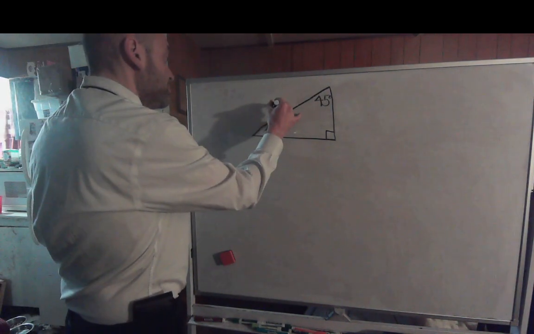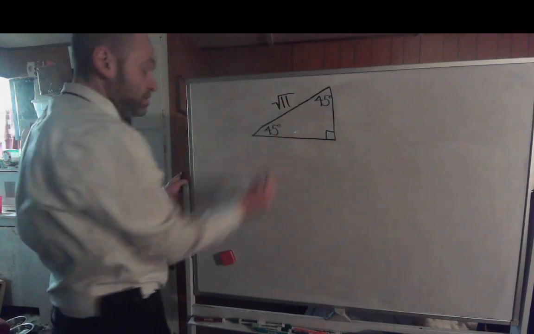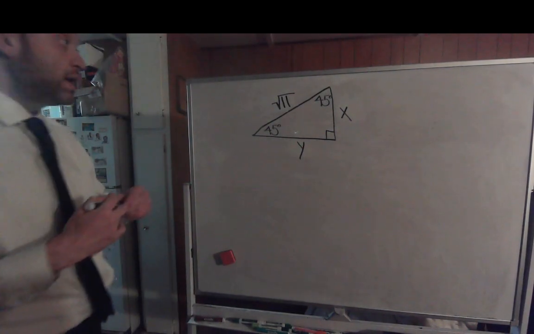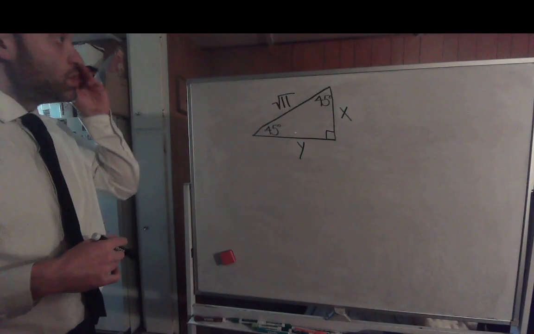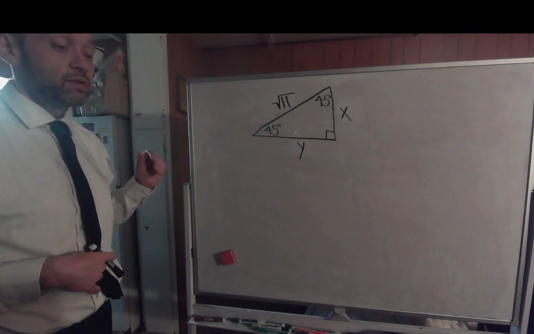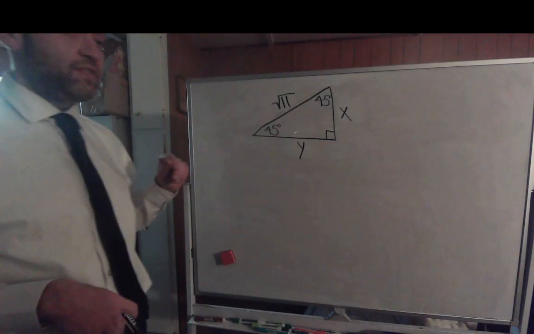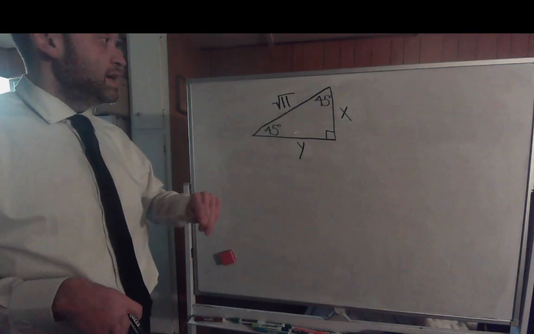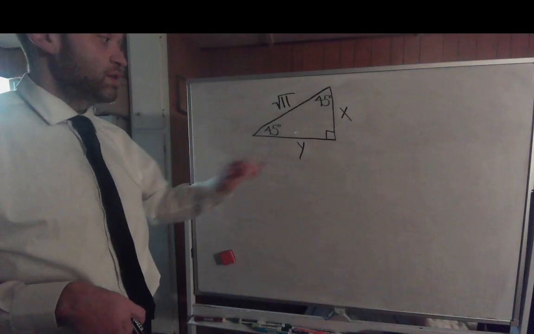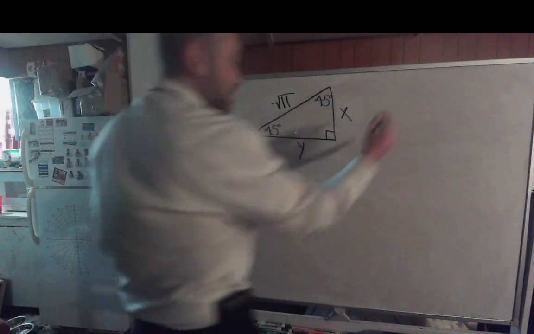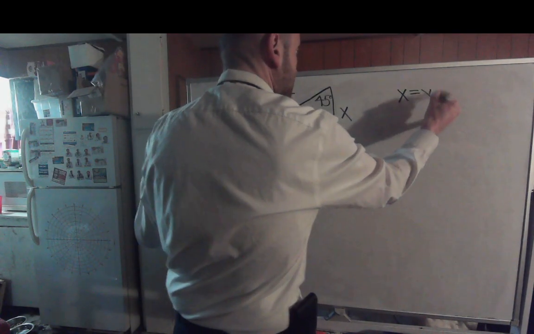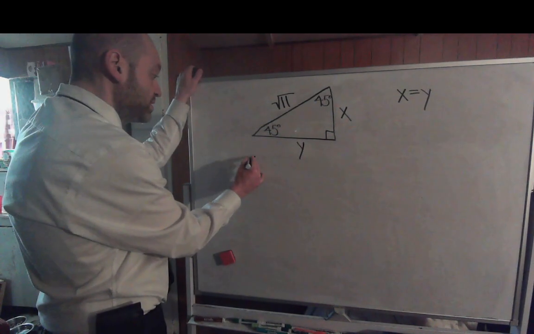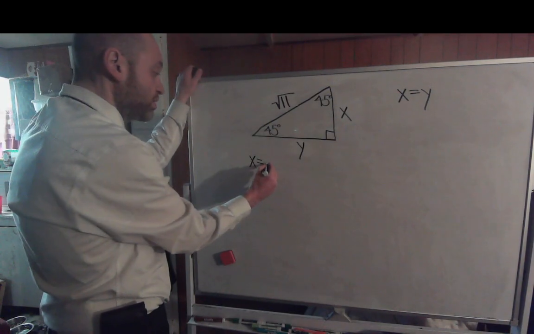We're only given the hypotenuse. We need to find the lengths of sides x and y. Well, what do we know for a fact? It's a 45, 45, 90 triangle. We got the length of the hypotenuse, but in a 45, 45, 90 right triangle, the two legs are equal to each other, right? So that means x equals y. So let's find x. The hypotenuse is the square root of 11.